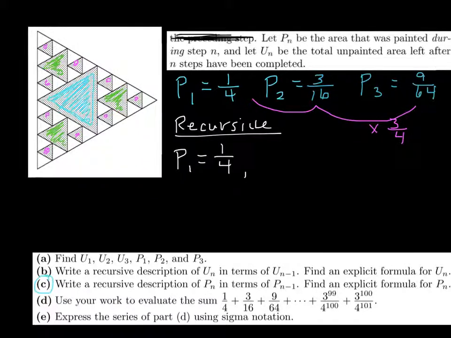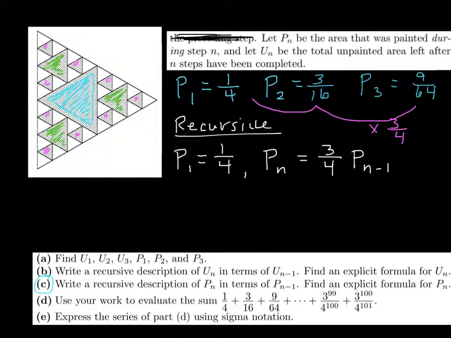And then to do any P of n, P sub n, I take 3/4 of my P sub n minus 1. And again, this is just a notation for what we're saying here: any term is 3/4 times the previous term. So if we know where to start, we just multiply by 3/4 and we can get each term.